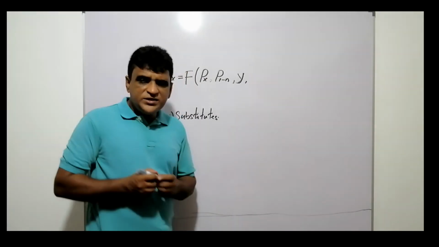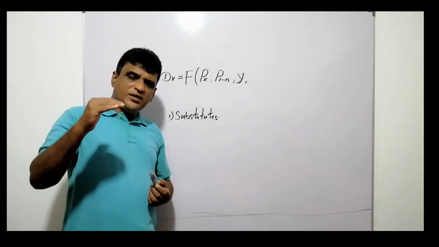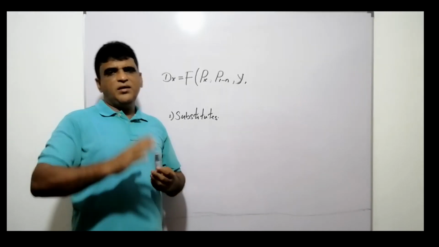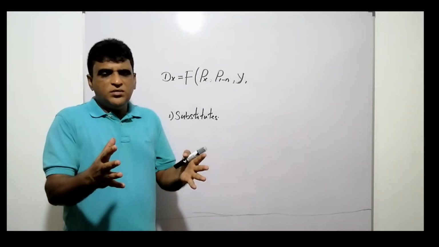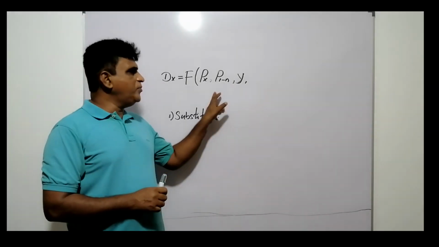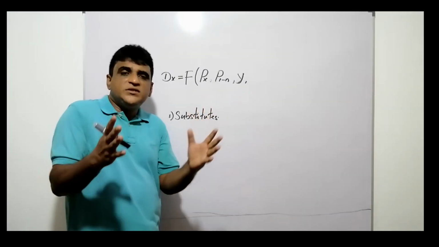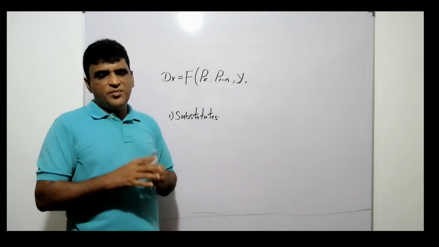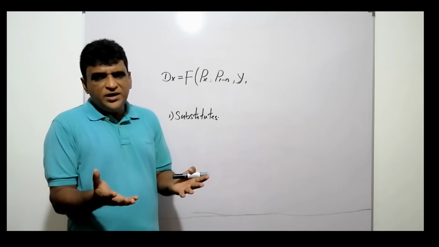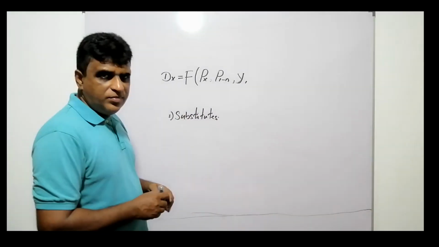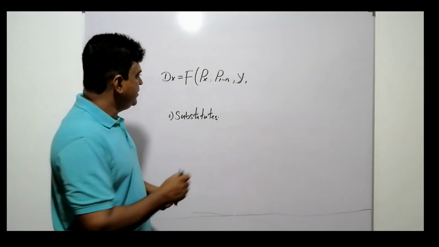If our income is very high, then we are buying more. If our income goes down, then we are reducing the number of goods or quantity we are buying. Income, Y, right?